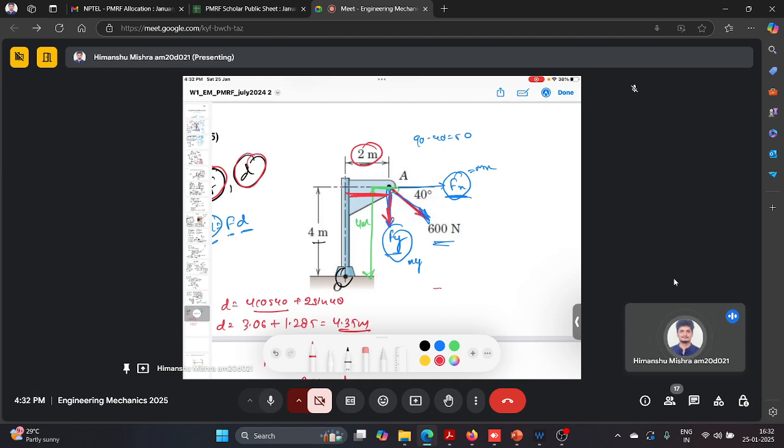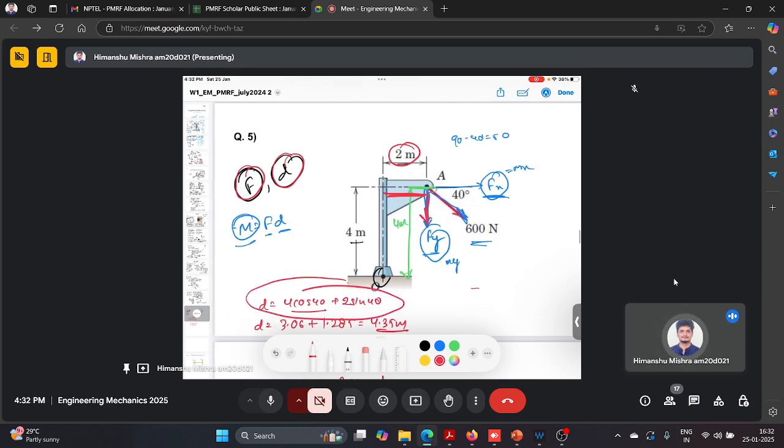So you can see, if you define the component of force, then you don't need complicated trigonometric evaluation to define the perpendicular distance, because you can easily calculate it from the visualization itself: 4 meter for Fx and 2 meter for Fy.